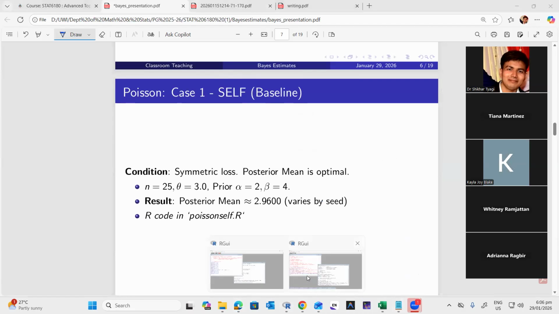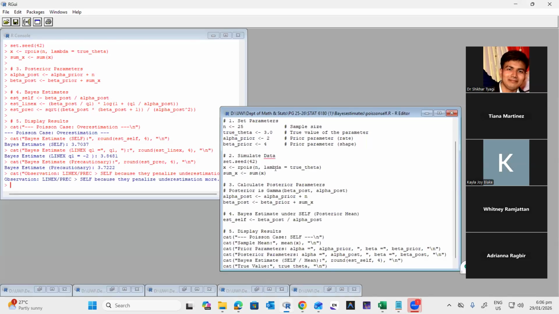So now we just see the R coding. We are going to consider the first case, the Poisson distribution as the experimental distribution and gamma as the prior. We are doing a simulation study here.